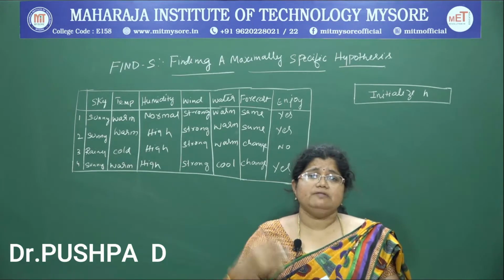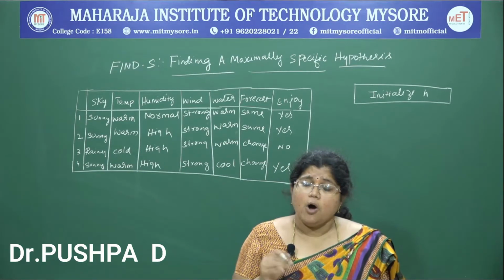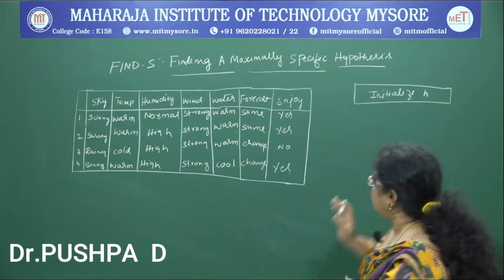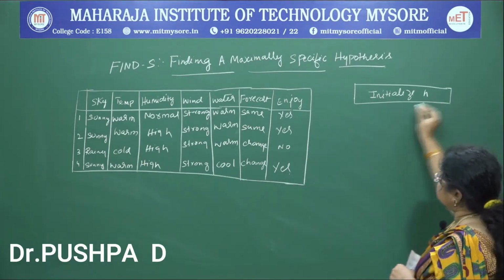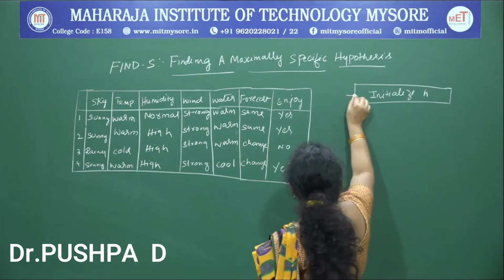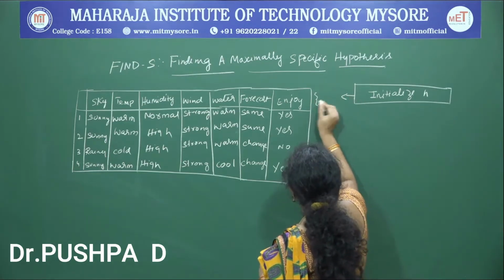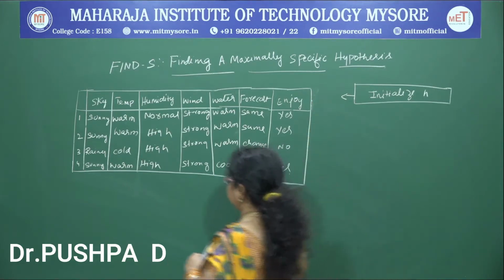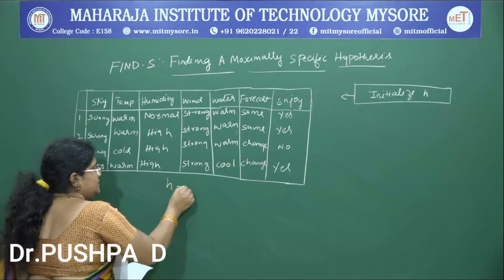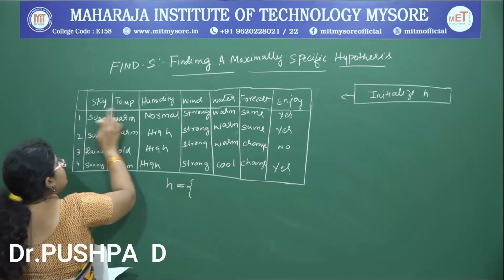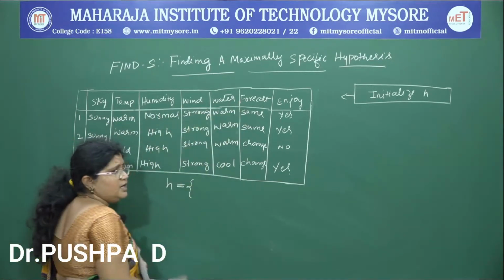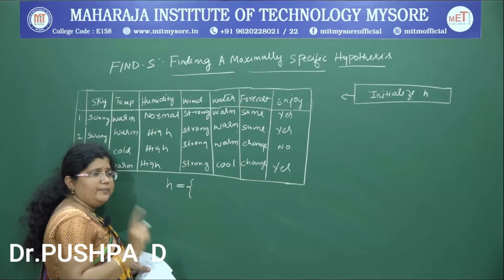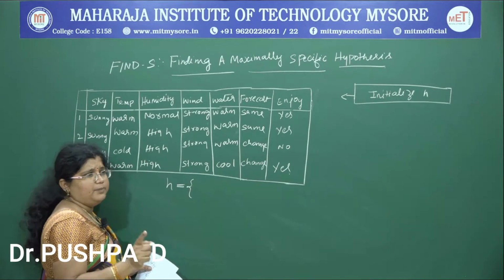As I said in the previous class, the most specific hypothesis can be represented as a set of phi, that is, H is equal to as many phi as there are attributes, indicating a specific hypothesis.